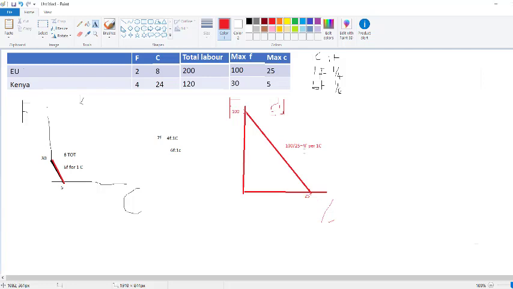So therefore, because the prices can neither be higher than 4 or less than 4, the terms of trade will be exactly the same as the production. Which means again we would have a line coinciding with each other.